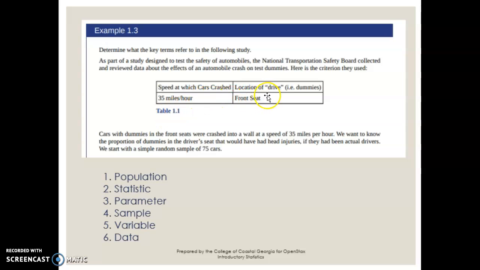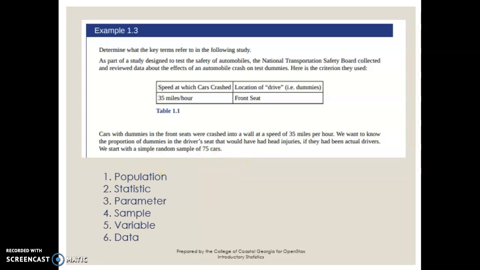Speed at which cars crashed, location of the dummies: 35 miles per hour, front seat. Cars with dummies in the front seats were crashed into a wall at a speed of 35 miles per hour. We want to know the proportion of dummies in the driver's seat that would have had head injuries if they had been actual drivers. We start with a simple random sample of 75 cars.